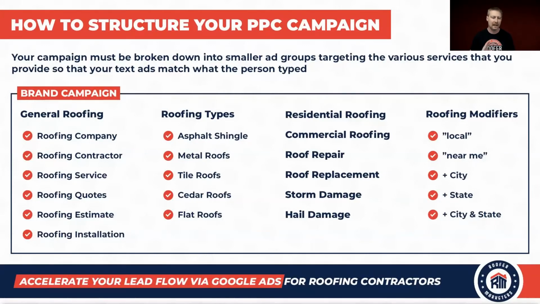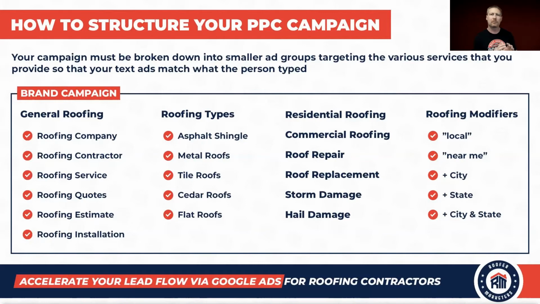So metal, tile, cedar, flat roof, asphalt, shingle, things like that. Less searched in that manner, but those are very important also. And it allows us, if we're bidding on those keywords, to be very congruent with what they typed in.